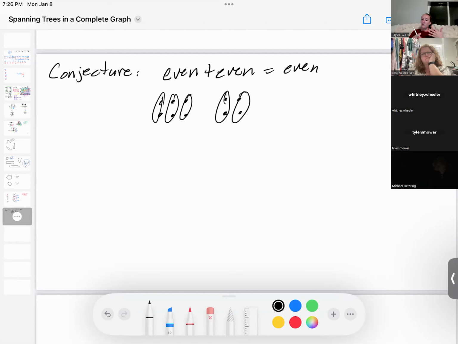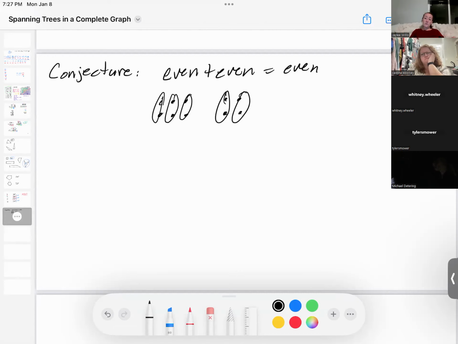And so a child's proof for this will be very picture based, and it's not going to necessarily have a lot of formal algebraic notation in it. So that would be an example of how a child might prove this.